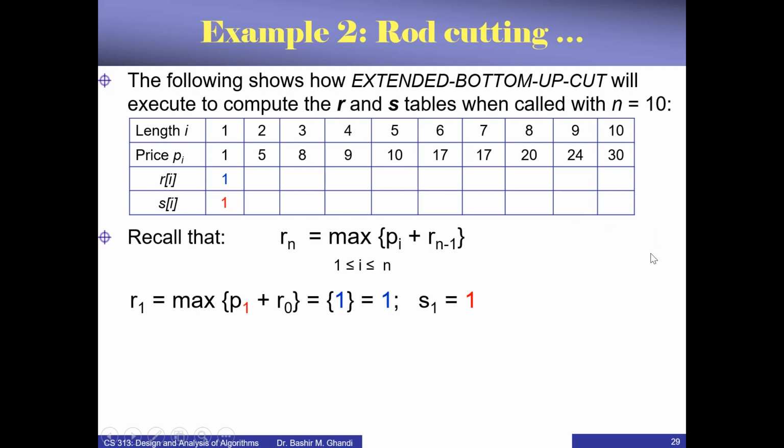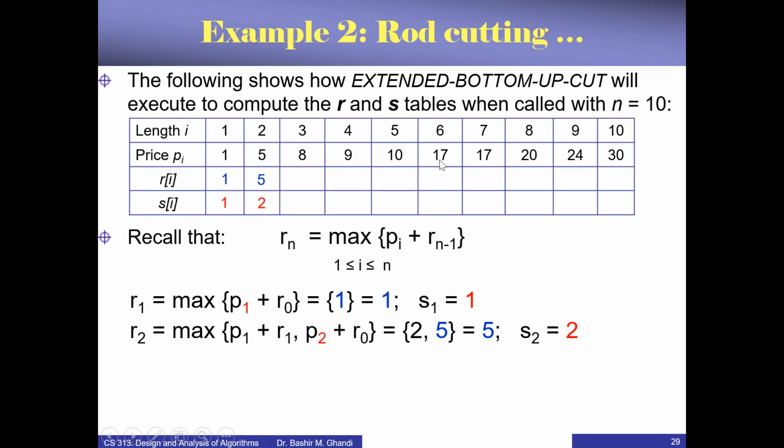Okay, let's take the next value of n, which is 2. So suppose n is 2. Then our maximum here will compare two values for i from 1 to 2: P1 plus R1 and P2 plus R0. Notice the P will be increasing, but the R will be decreasing.